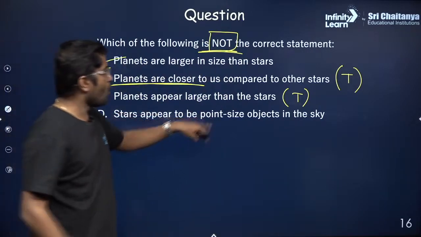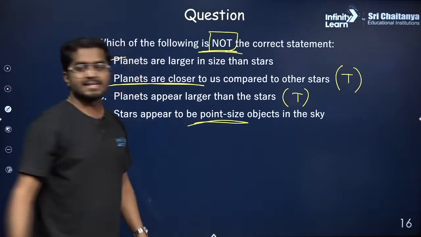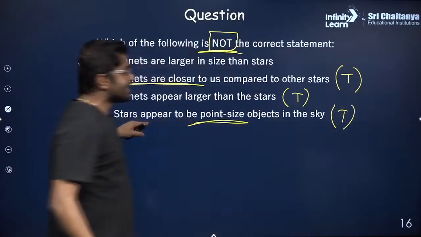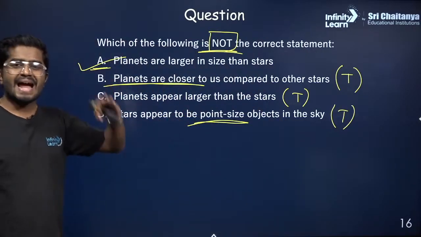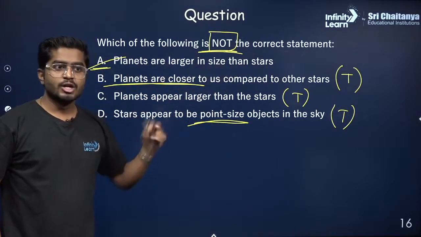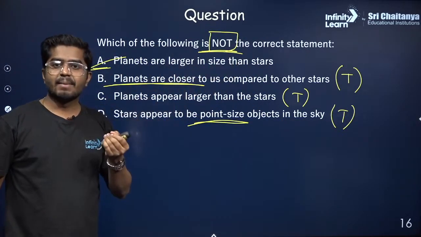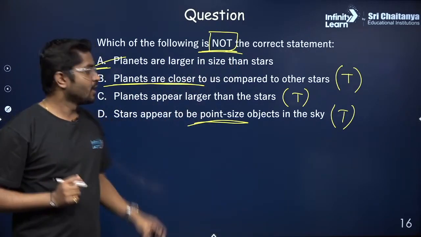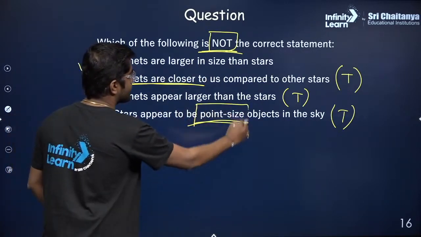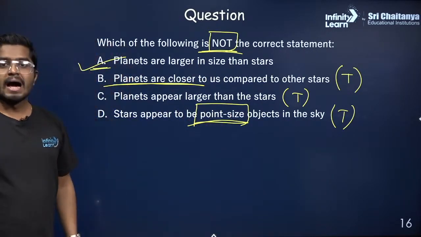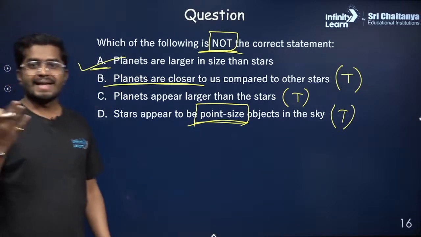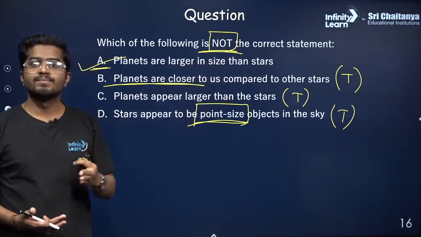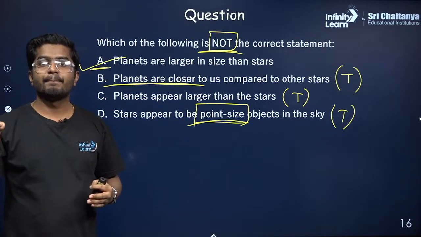How about the last statement? Stars appear to be point size objects in the sky. This one is true. Why is this true? Because stars are very, very far. तो जो light stars से आ रही है हमारे पास, it will appear in the sky like a small tiny object or a point size object. हमने पढ़ा था ना जब लेंस या मिरर पढ़ते थे, whenever the light comes from a far object, it will appear to be a point size.